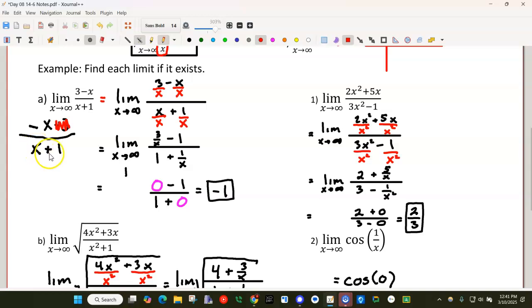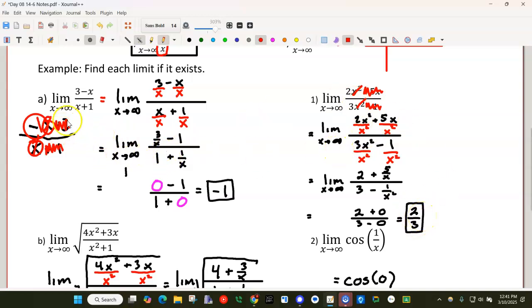If I plug in infinity and I add 1, that's really the same thing. And then I could look at this and say, well, x and x cancel out, so my answer is negative 1, which is the answer. Same thing over here. I could say, well, if I'm squaring infinity, adding 5 times infinity really doesn't change it. Neither does subtracting 1. And if I look at this, well, infinity squared divided by the same infinity squared would cancel out. And now I get 2 over 3, which does work for these simple problems.